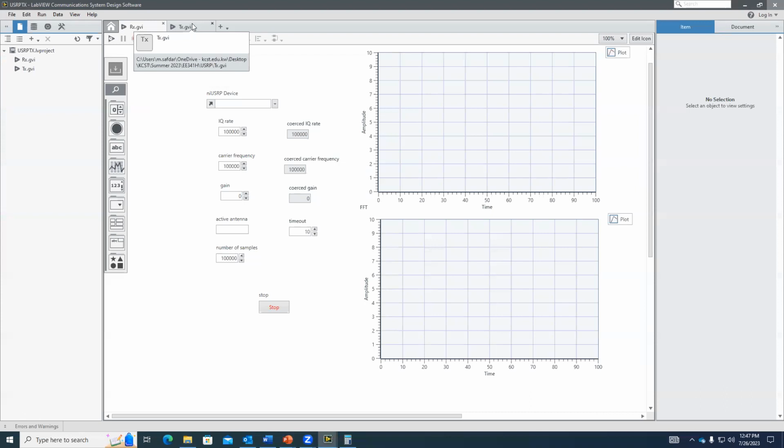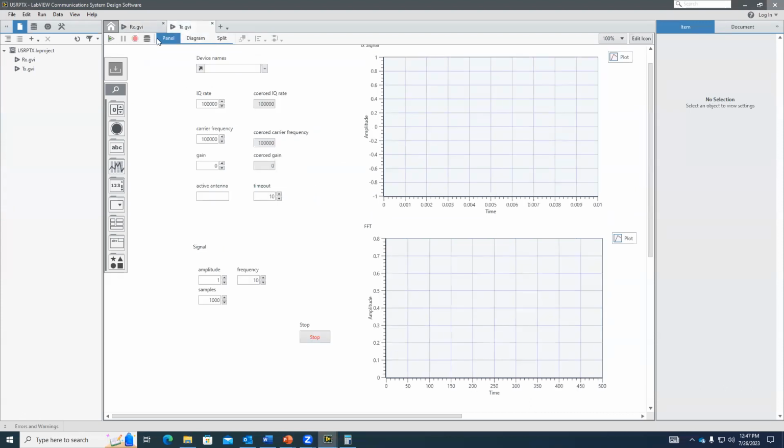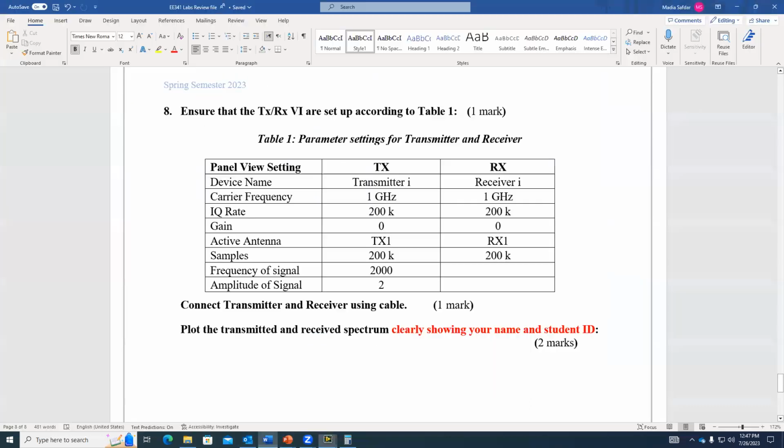Okay. So you will see this table. These are the values for the transmitter and these are the values for the receiver. Here, these are the samples for the signal. So you will put all these values: 1 gigahertz carrier frequency, 200K IQ rate, and samples is 200K.